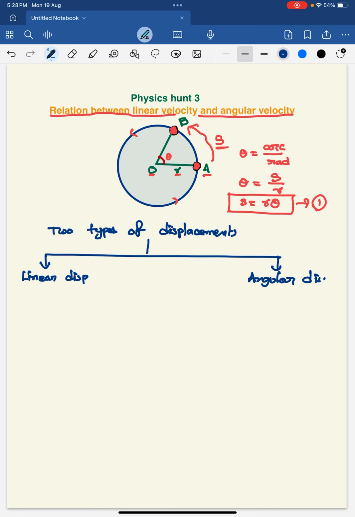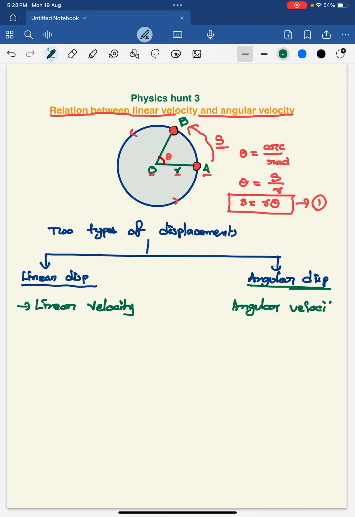Whenever linear displacement is present, there must be linear velocity also present, and similarly, due to angular displacement, angular velocity is also present.